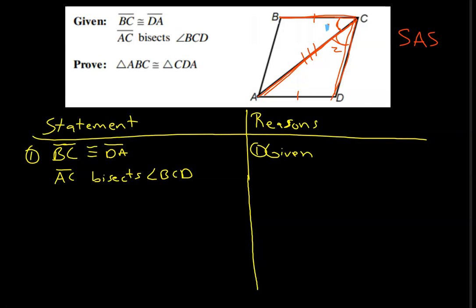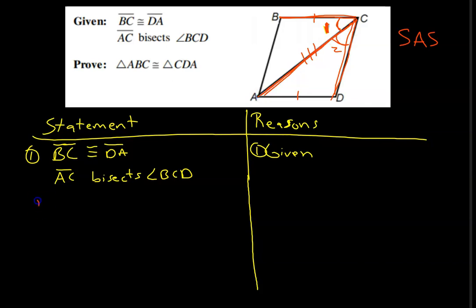All right. So the things we knew without them telling us was that angle 1 was congruent to angle 2. They didn't tell us, but we knew that because we knew that was an angle bisector.